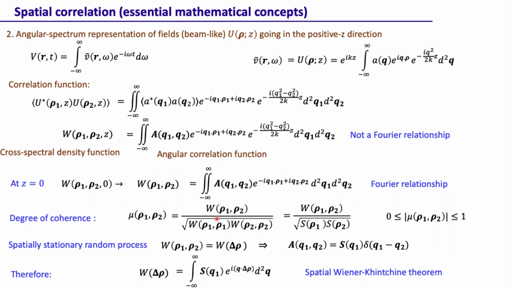This is the generalized Wiener-Khinchin theorem, and this is the Wiener-Khinchin theorem. This is a two-dimensional Fourier transform relationship, which connects the cross spectral density function and the spectral density function. And we will use this in similar manners as we use the temporal Wiener-Khinchin theorem.